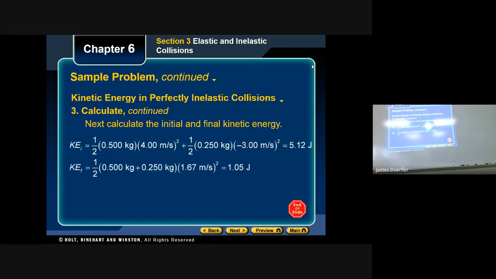Don't forget to square the velocity. Add that up with the kinetic energy of the second ball. And then you calculate your kinetic energy after the collision has taken place. You notice that there is a significant difference in those values.